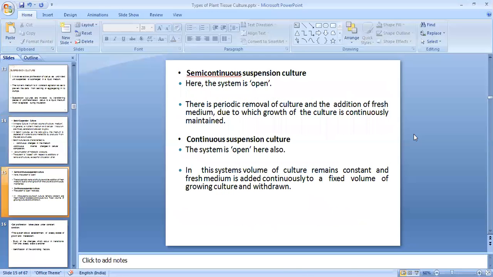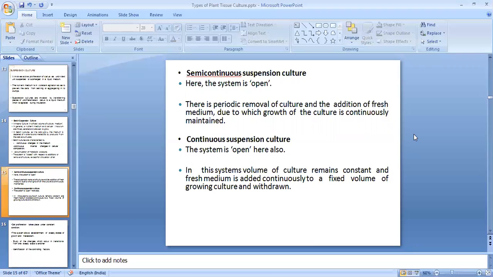The next type in the suspension culture is semi-continuous suspension culture. Here the system may be open, and periodically the culture can be removed and fresh medium added to it, and the growth of the culture is continuously maintained.